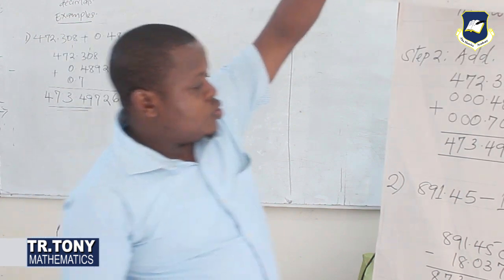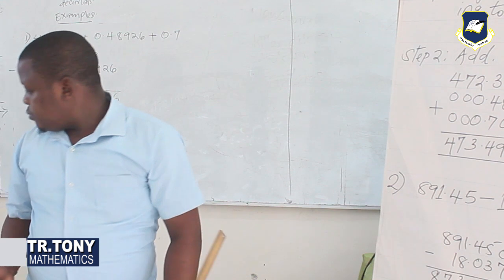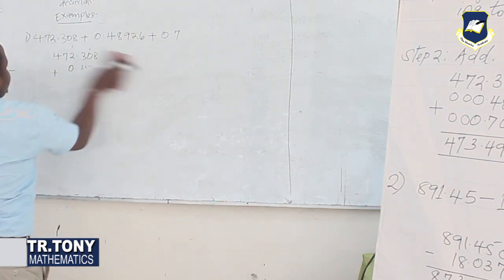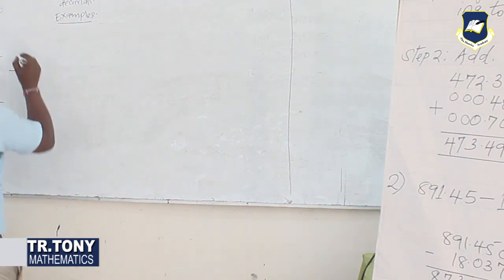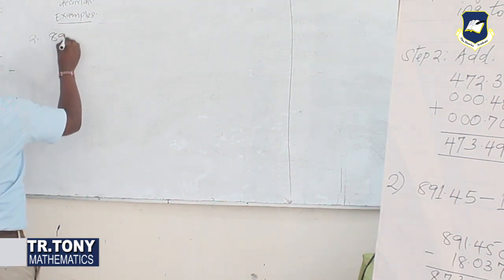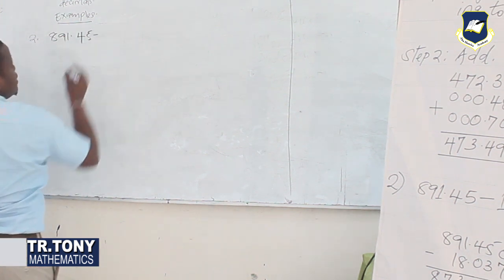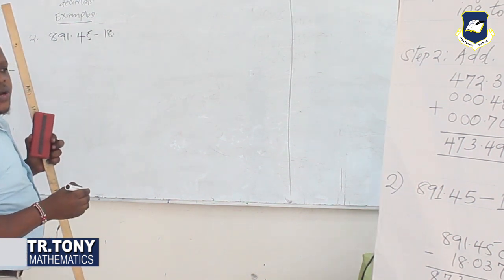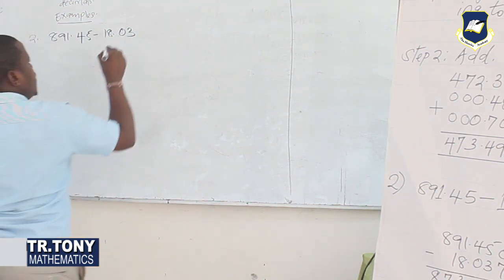We move on to our example number 2. Our example number 2 is 891.45 take away 18.03705.